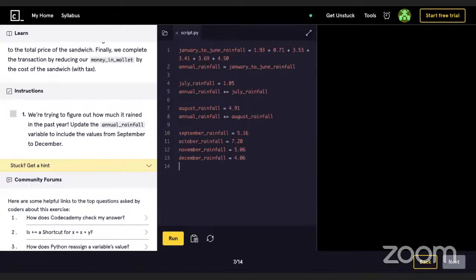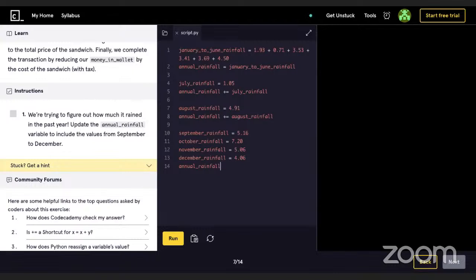After that, you want to put annual rainfall, and then add a plus sign. Oh, you mean to put a dash between them. Annual underscore rainfall. Wait, 1 second. And plus.